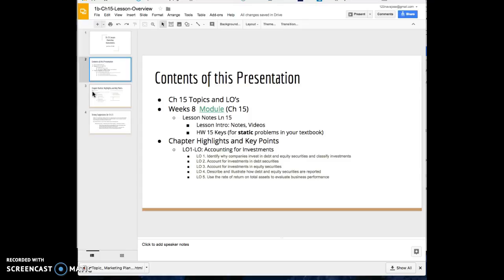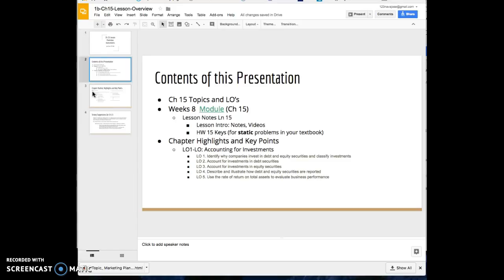In this case, you're now taking the other perspective. You are accounting for the debt investor, so the bond investor in that case. For LO3, you'll be doing the same thing, but for equity investors.